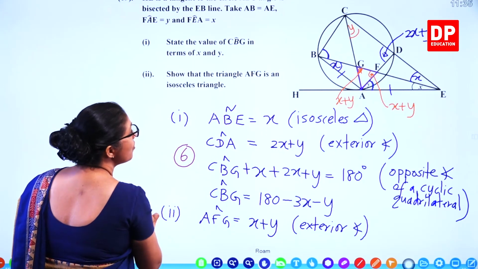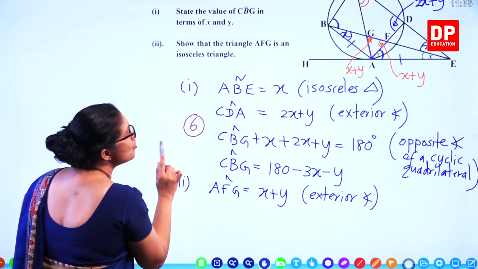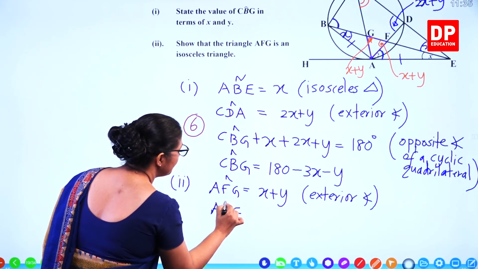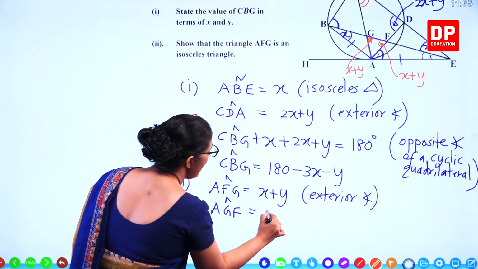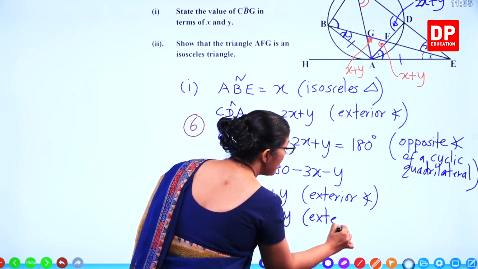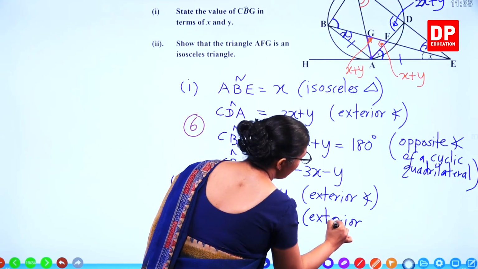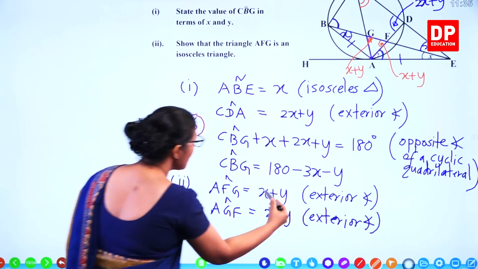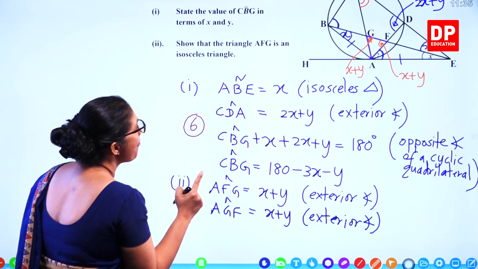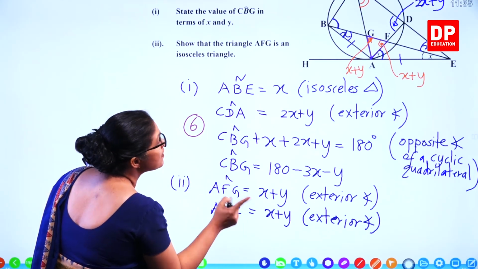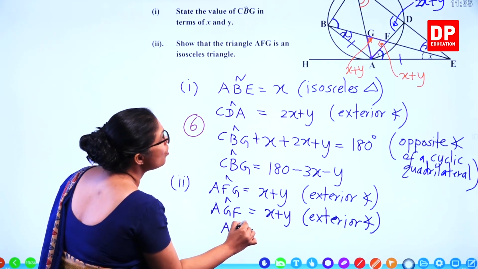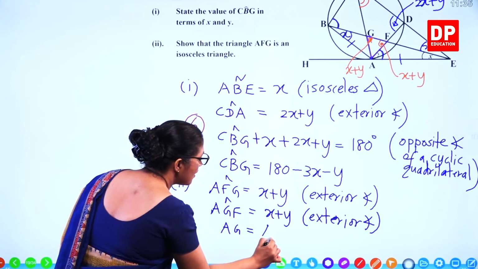And also you can write AGF angle. That's also x plus y. That's the exterior angle to the other triangle. So the two angles are equal. So therefore, you can say opposite sides are equal. AG is equal to AF.